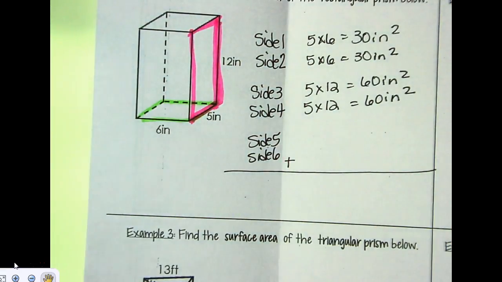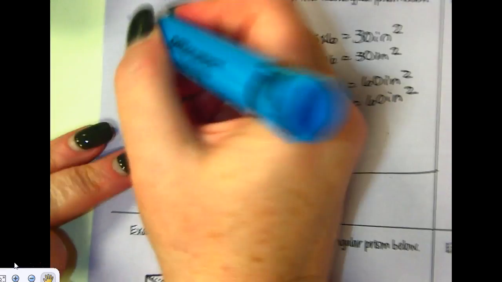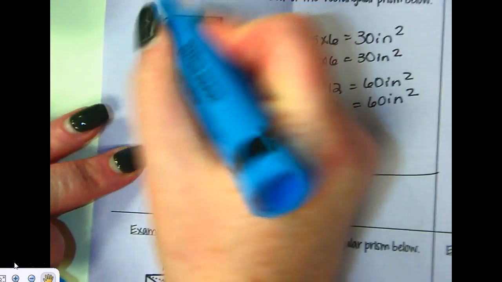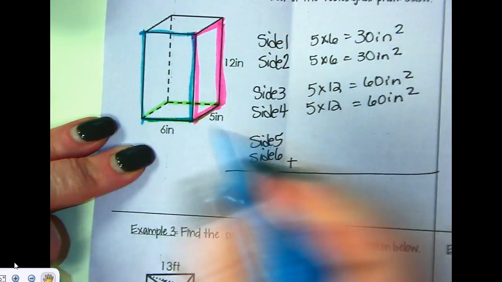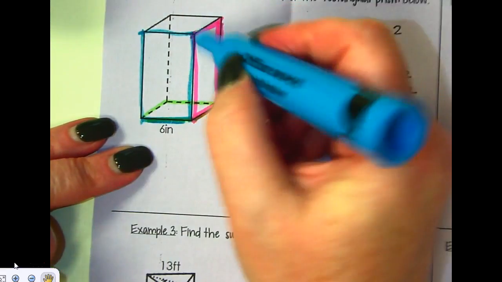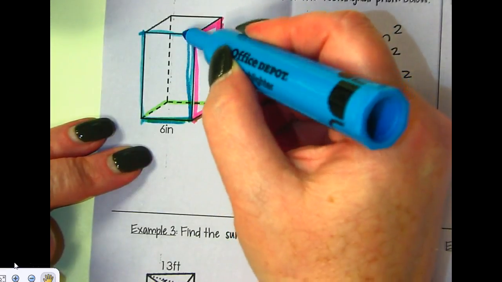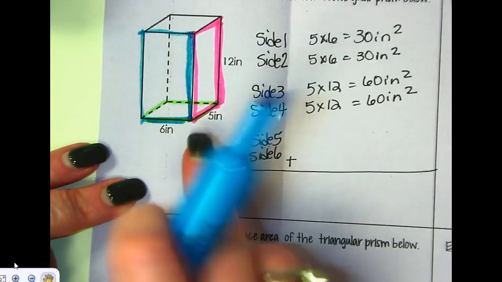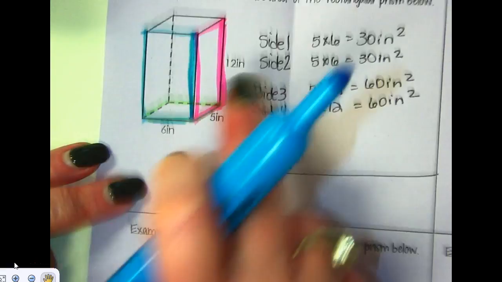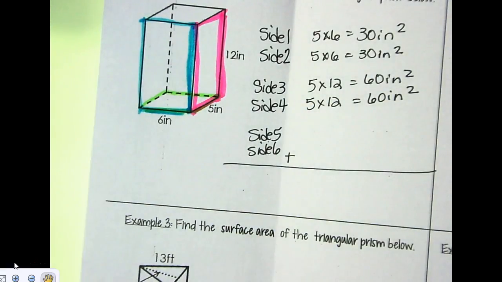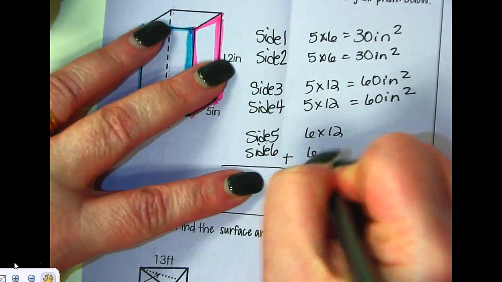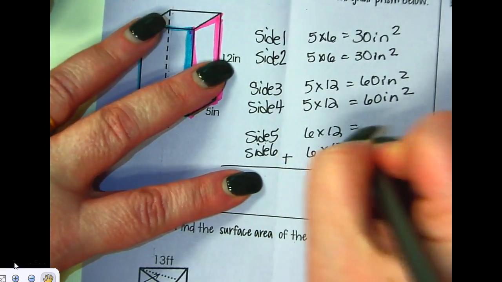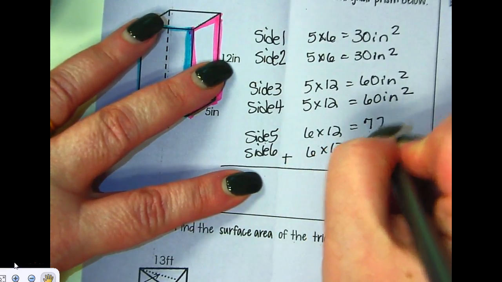And now we need to do the front and back. So look at this part right here looking at you. The base is pretty easy. It's right here. It's 6. What's this height right here? 12. We got to look at that line, and that line will be the same. So 6 times 12. And 6 times 12 is 72.